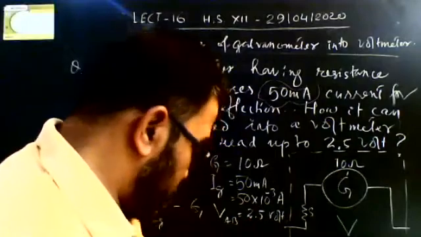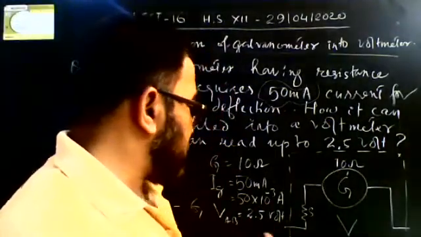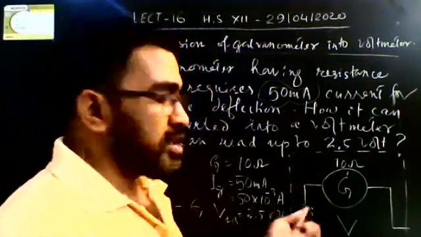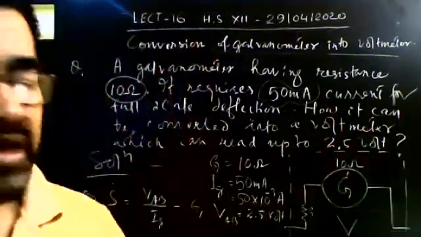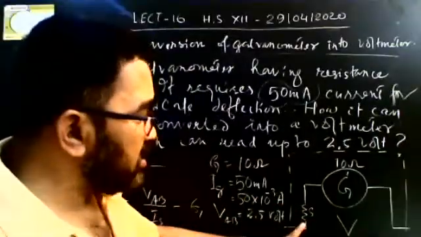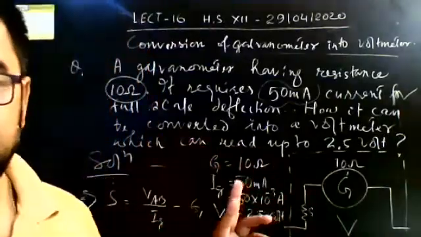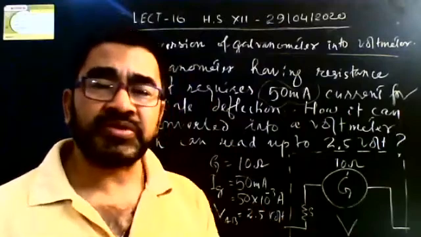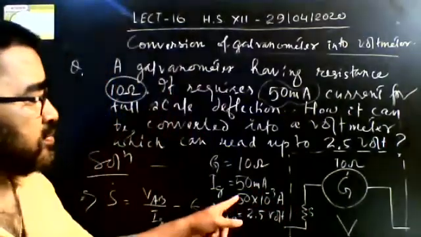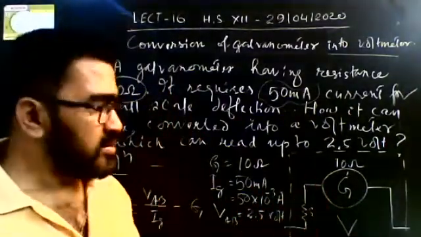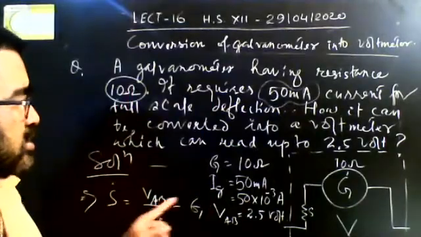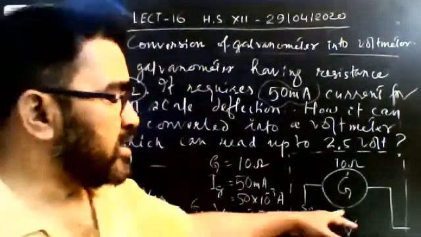To measure this voltage, the maximum current passing through the galvanometer can be 50 milliampere. If more current passes, the pointer will give full deflection. To oppose this, a shunt resistance is needed. The shunt resistance will oppose the flow of current, so it will allow a maximum of 50 milliampere current through this. If you calculate the value of S from this expression, then you can easily convert it into a voltmeter.